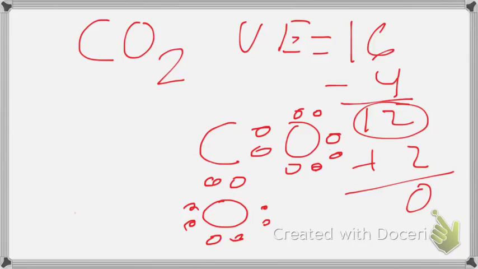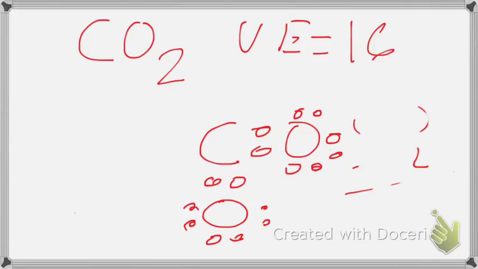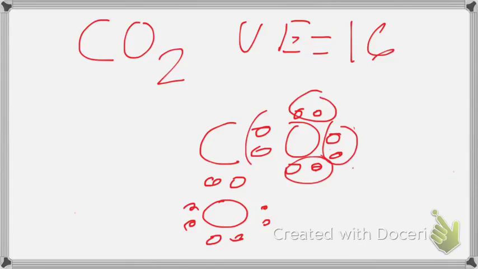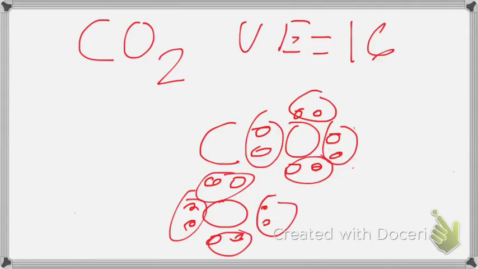All right, so now we have to see if everyone has a complete octet or not. So let's start counting. Oxygen has 2, 4, 6, 8. Oxygen's great. This one, 2, 4, 6, 8. That oxygen is great. So all the oxygens are great.